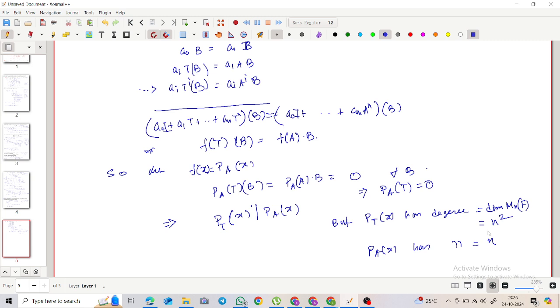Wait a minute. If the characteristic polynomials P_A and P_T are the same, then P_T divides P_A. But how is that possible? P_A(T) is 0.